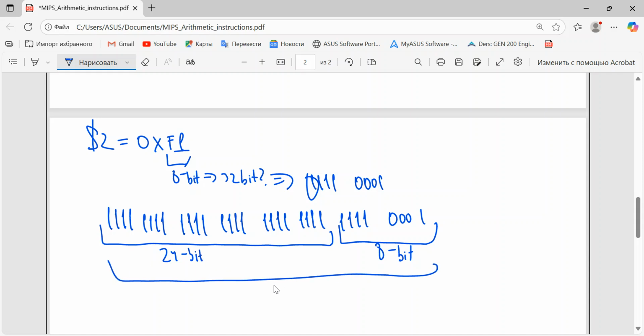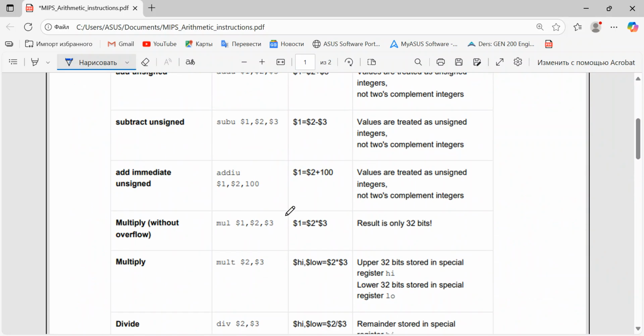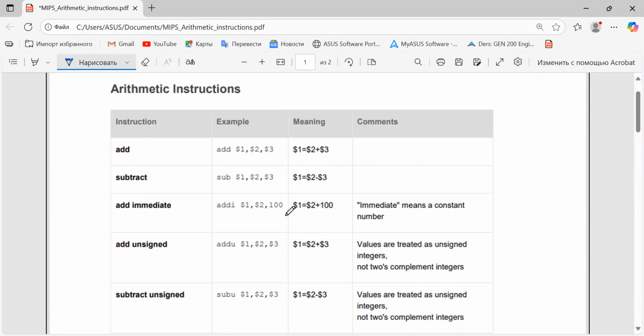So the total is going to be 32 bits. In other words, 0xFFFFFFF1. All right, I think you understood this.